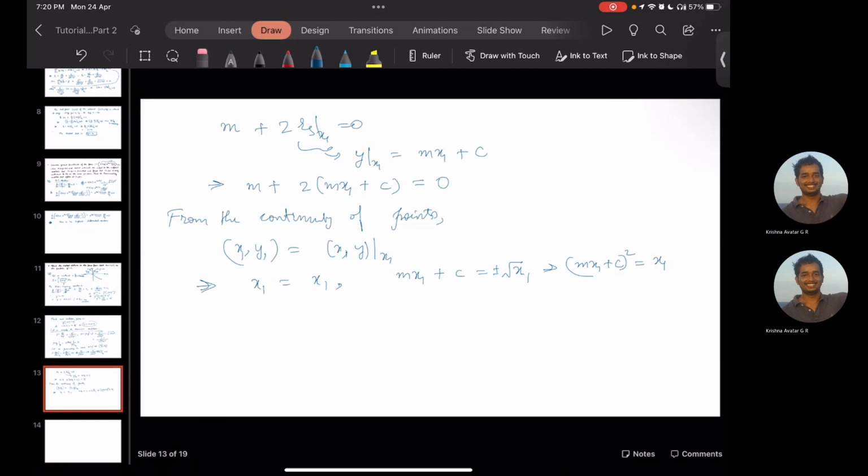And upon substituting this, m square is equal to x1 is equal to minus.